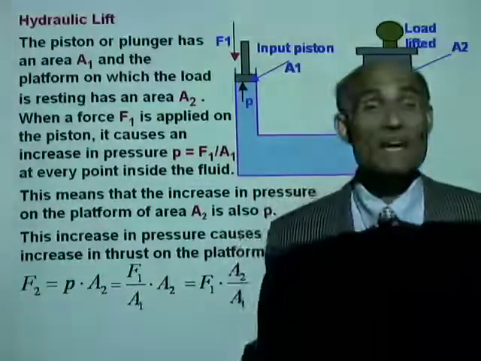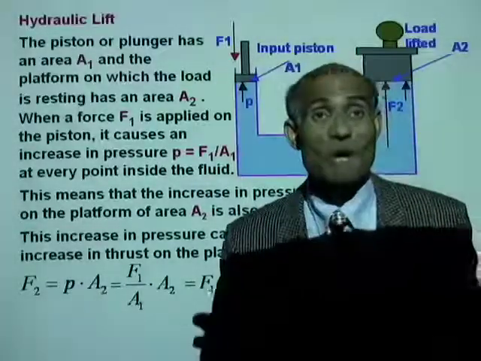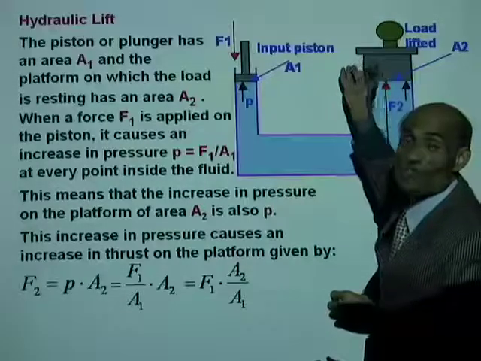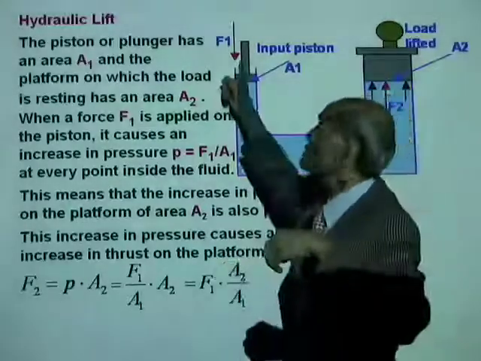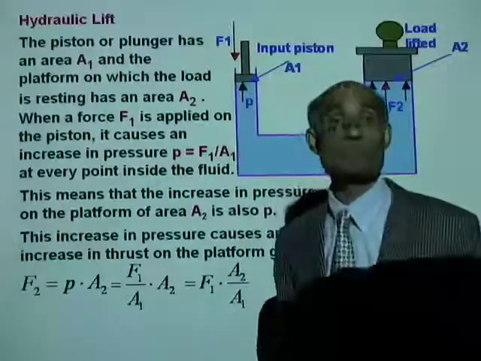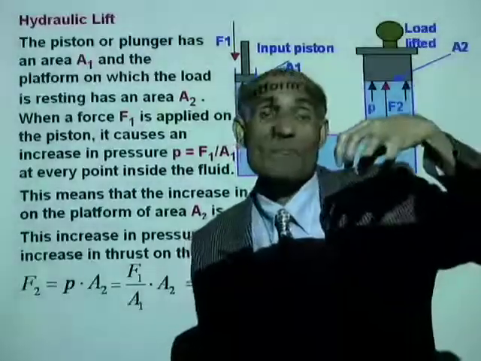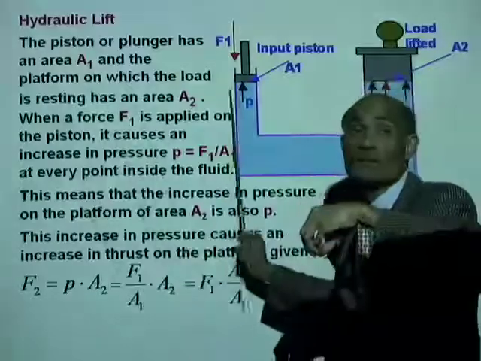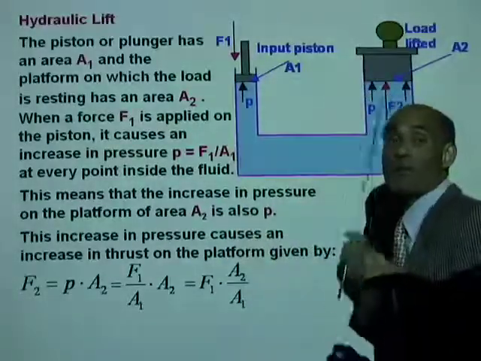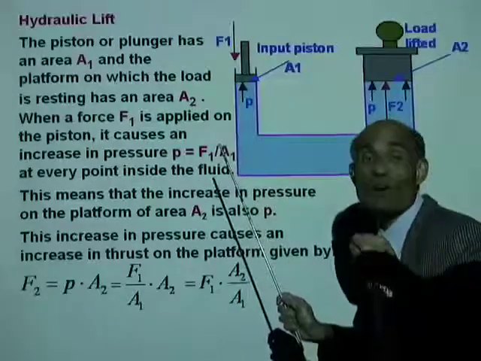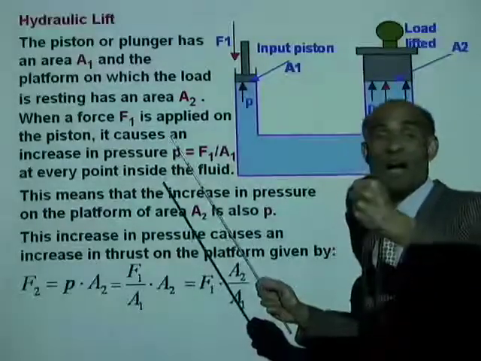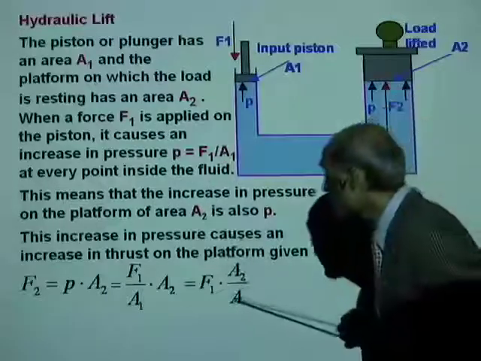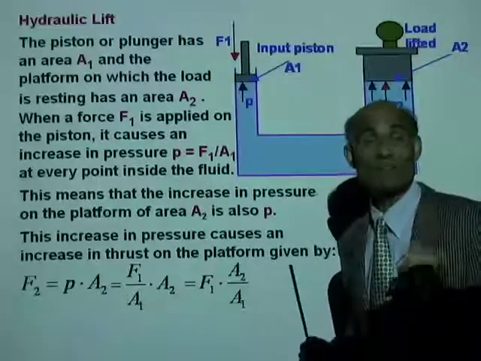What it tells you is that you can actually apply 5 times the amount of force on this side by applying a small force at the plunger. If you apply a force of 10 Newton at the plunger, at the platform you can lift a weight of 10 times 5, 50 Newton if A2 over A1 is 5.